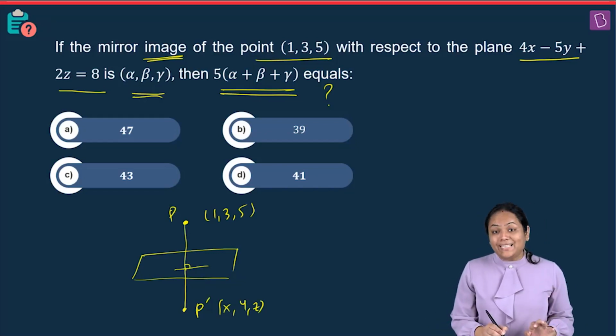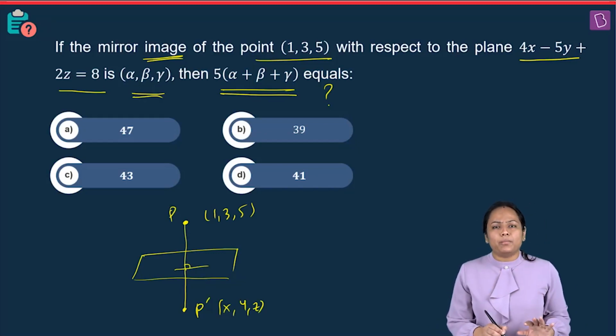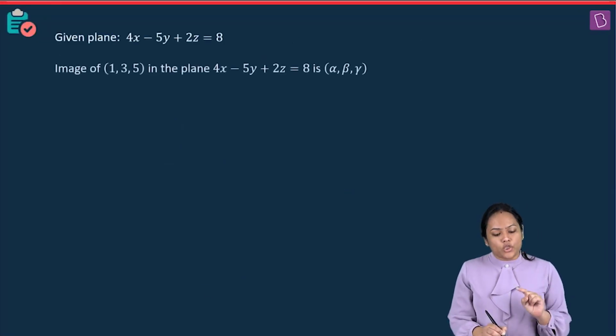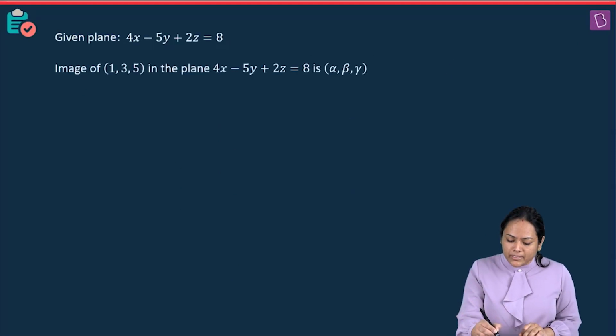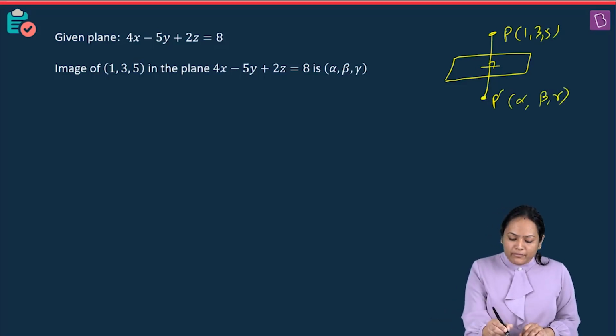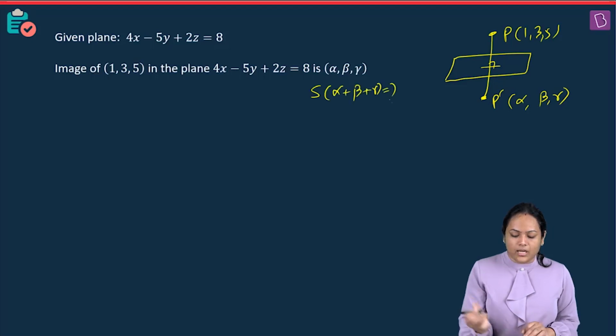Now, in this case, they have already mentioned that P dash is nothing but alpha, beta, gamma. So I have my P as 1, 3, 5, I have my equation of plane, and this is my P dash having coordinates alpha, beta, gamma. And what I have to find is 5 times of alpha plus beta plus gamma.